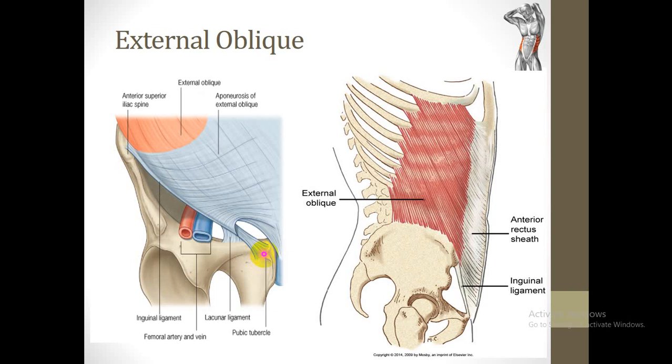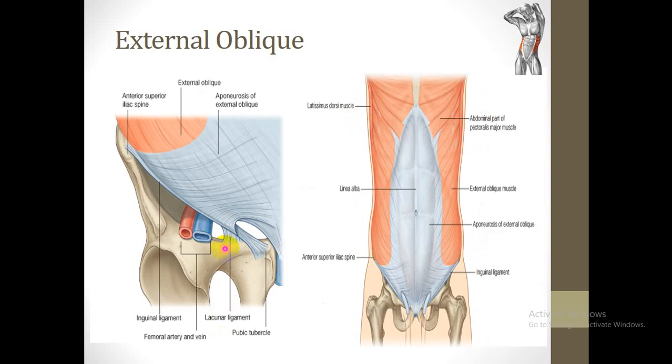This ligament is called the inguinal ligament. Also, there is an extension from the inguinal ligament along the pectineal line, forming a crescentic-shaped ligament called the lacunar ligament, and sometimes there is an extension from the lacunar ligament along the pectineal line called the pectineal ligament.